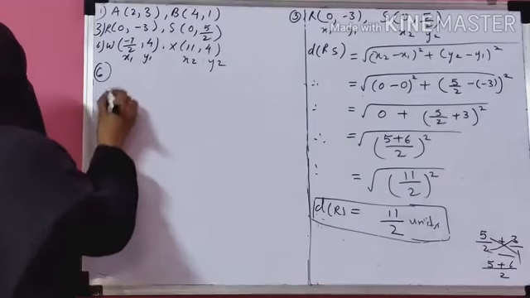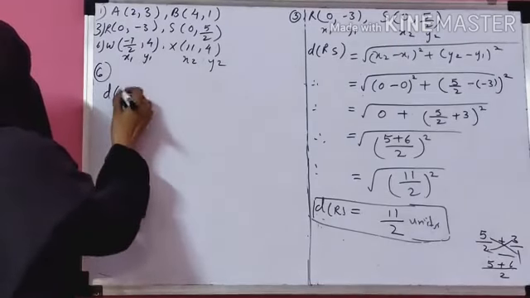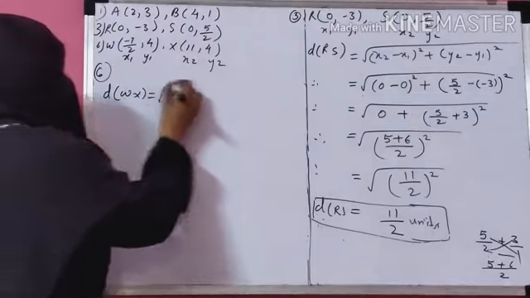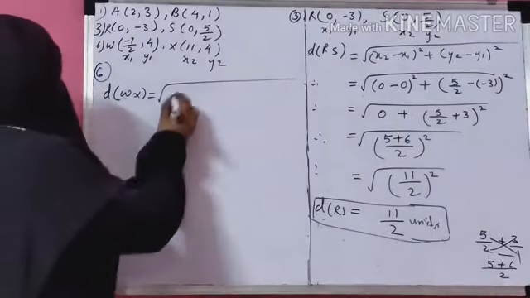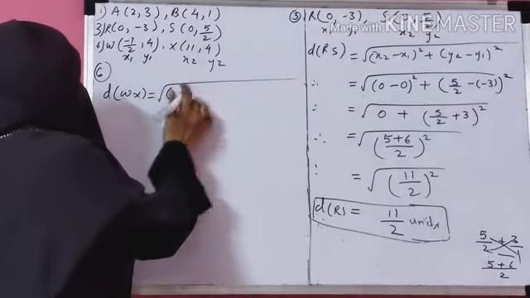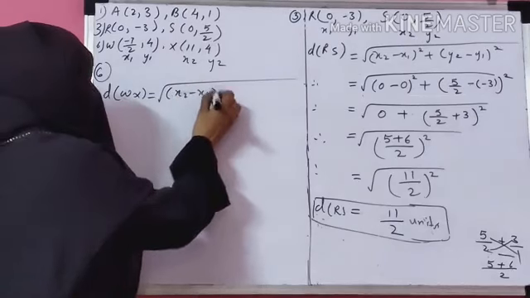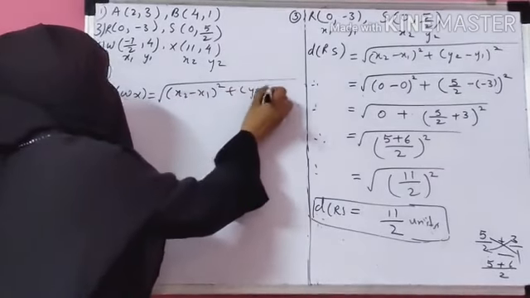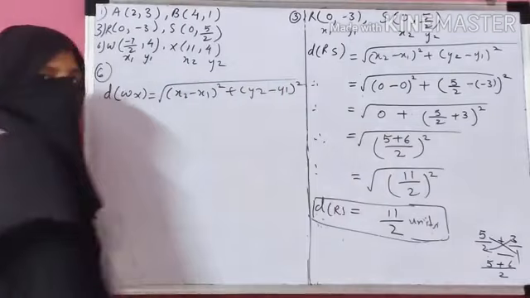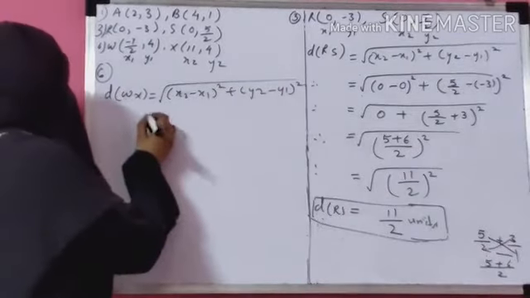Now find the distance. So distance between point W and X, apply the formula, distance formula, that is (x2 minus x1) whole bracket square plus (y2 minus y1) whole bracket square. Okay. Now next step, substitute the values.